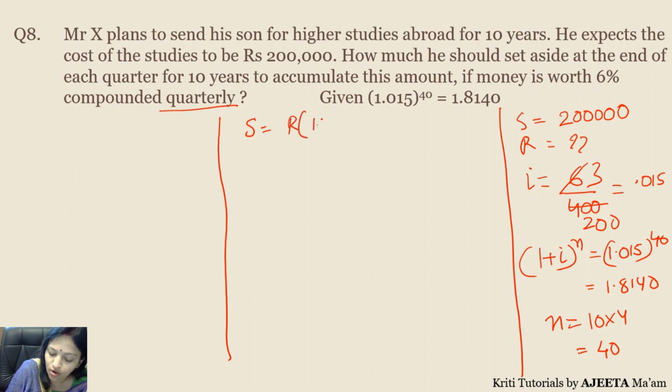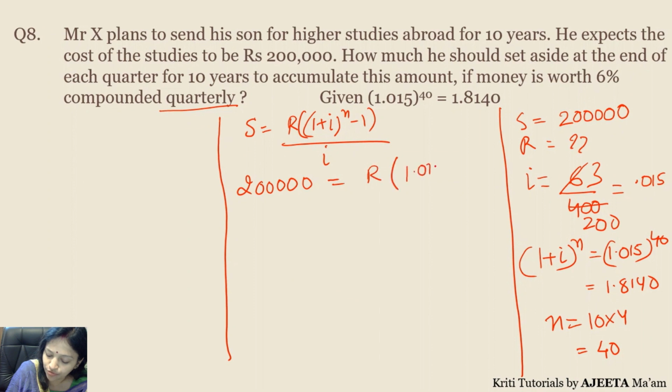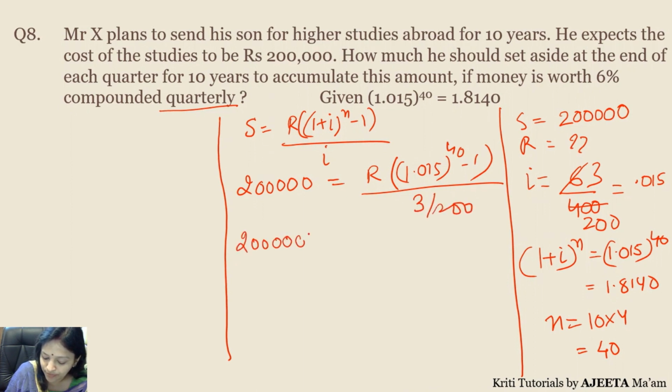So R times (1 plus i raised to n minus 1) upon i. So 2 lakh equals R times (1.015 raised to 40 minus 1) upon 3 by 200. Now 2 lakh into 3 by 200, and if we subtract 1 from the given value, we get 0.8140.